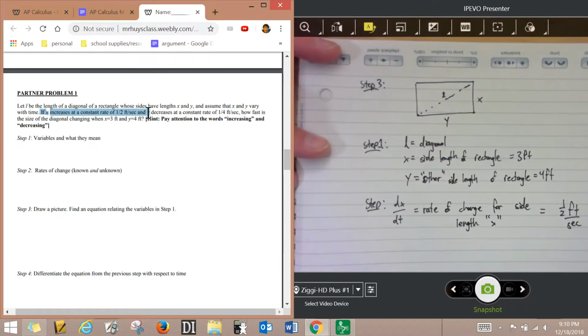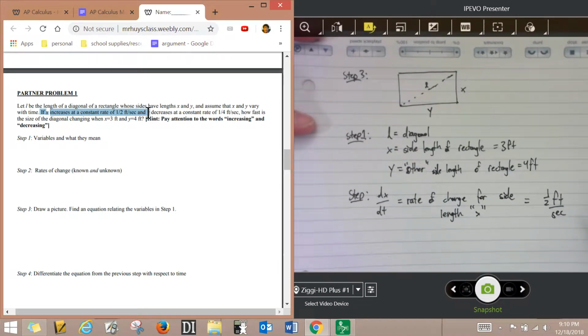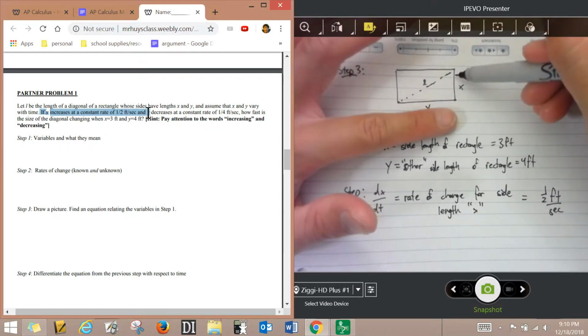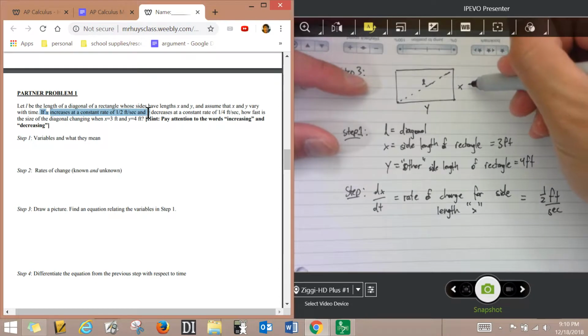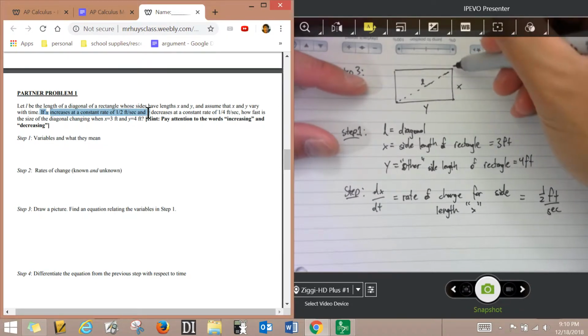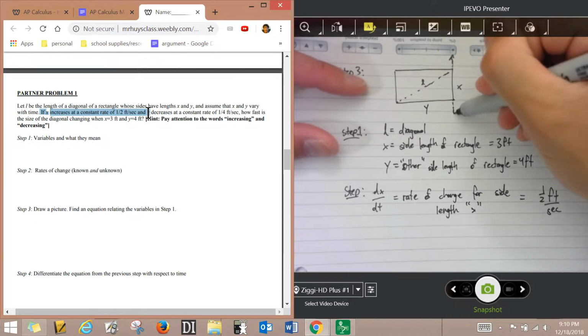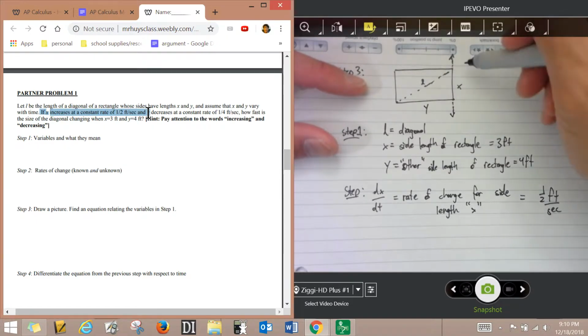So every 1 second, this rectangle changes by half a foot going this way here. So you can kind of look at its expansion, going that way. That represents dx over dt when we're looking at 1/2 foot per second.